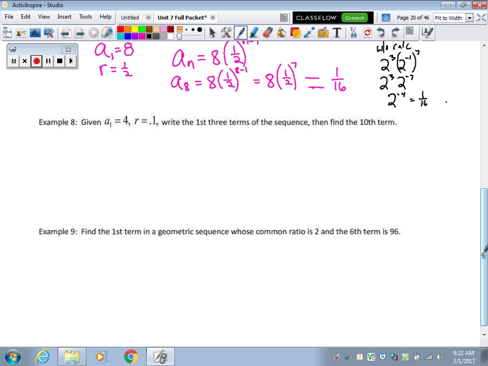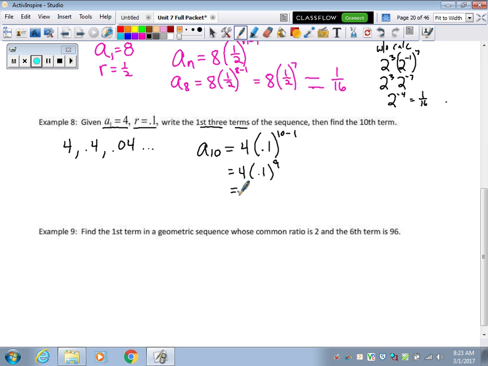All right, another example. If A1 is 4, given, and R is 0.1, given, write the first 3 terms of the sequence. So it starts out with 4, multiply it by 0.1, multiply it by 0.1, okay, keeps going. Find the 10th term. So A10 is A1 times R to the n minus 1. 0.1 to the 9th.